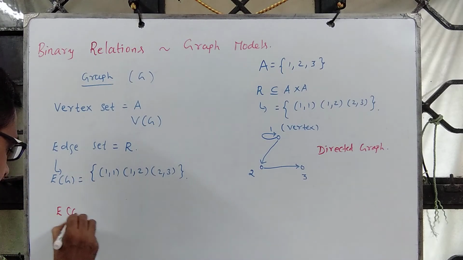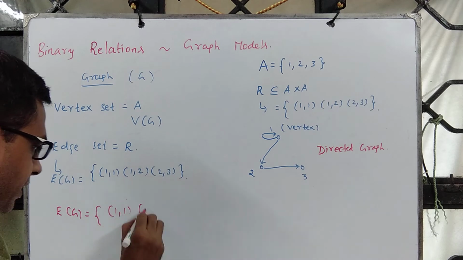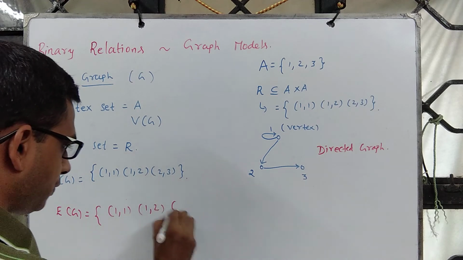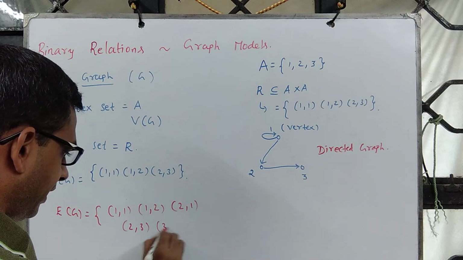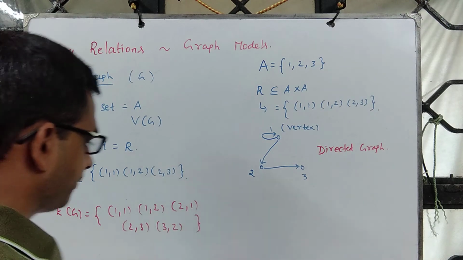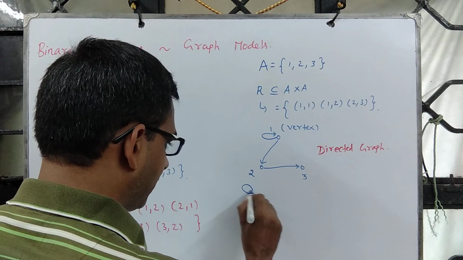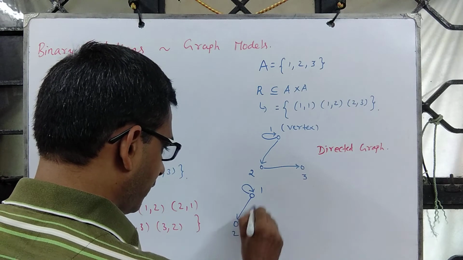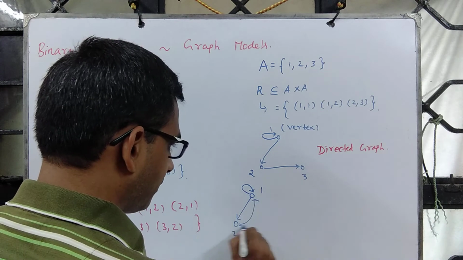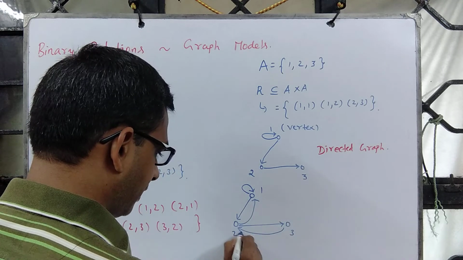Suppose the relation is (1,1), (1,2), (2,1), (2,3) and (3,2). Then the underlying graph would be (1,1), (1,2), (2,1), (2,3) and (3,2).